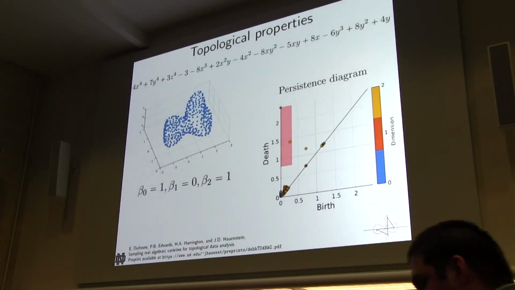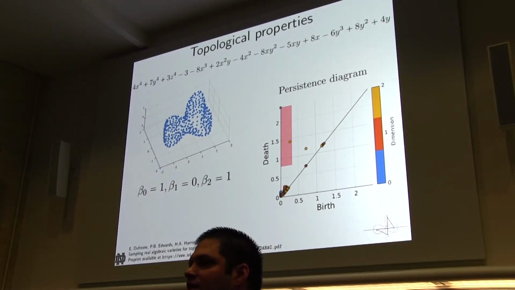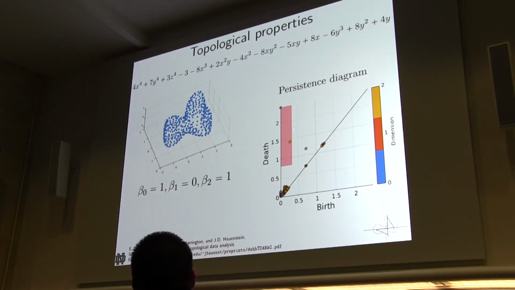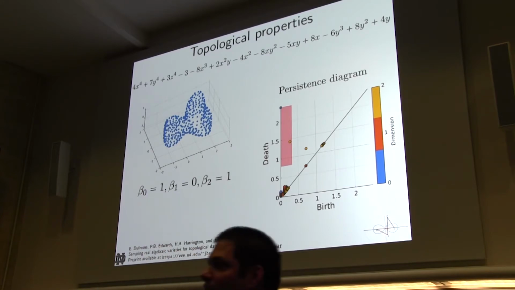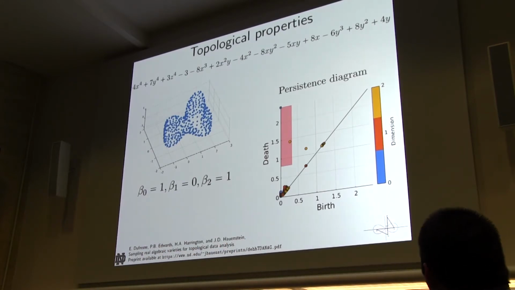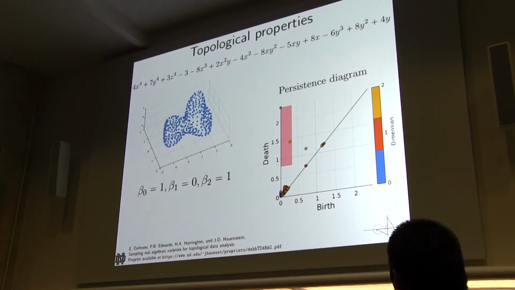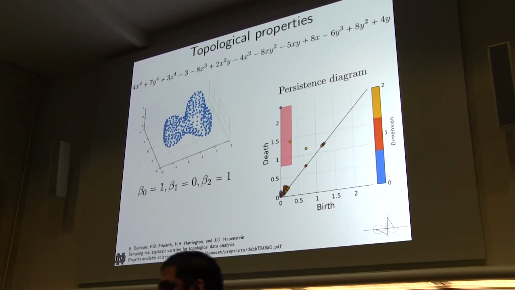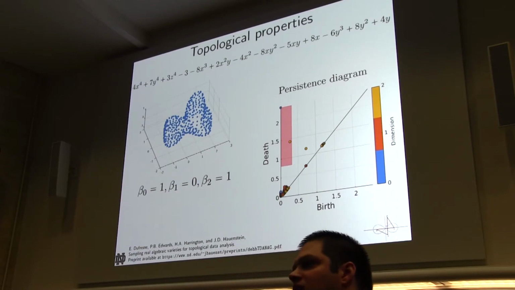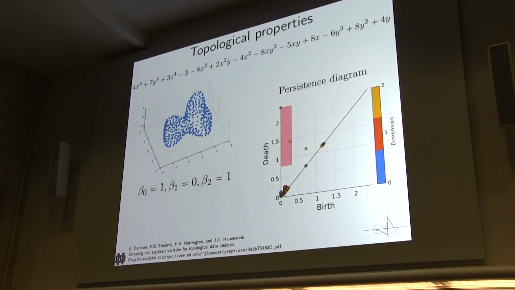You measure how long something lived, and the life that it lived is how far off of this diagonal it is. So there is a connected component, and then there is this Betti 2 that shows up. Here's an interesting thing. You look at how far it is off this diagonal, and you make judgment estimates whether it actually exists or not.